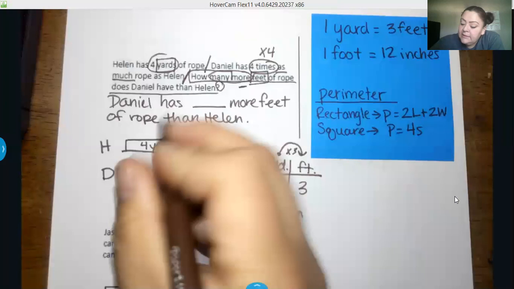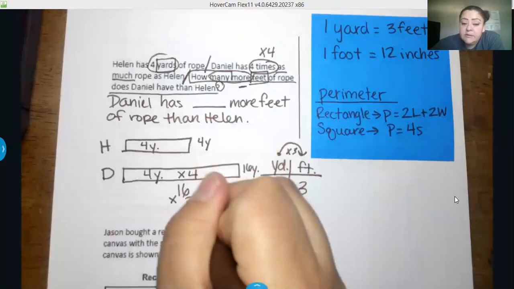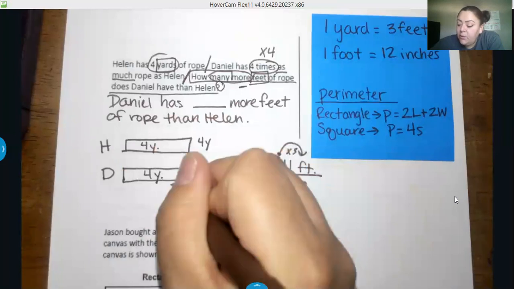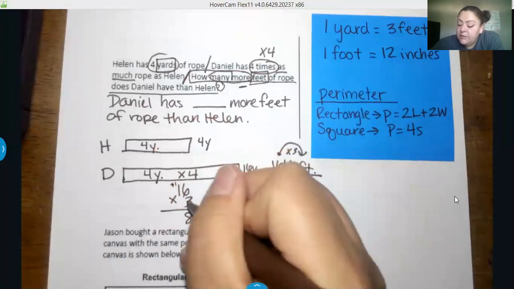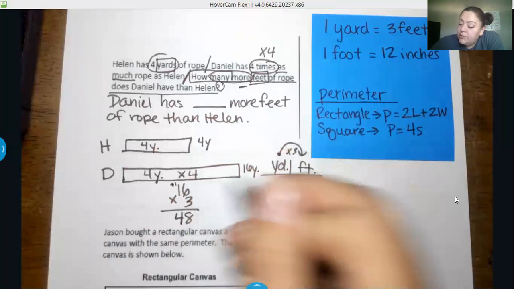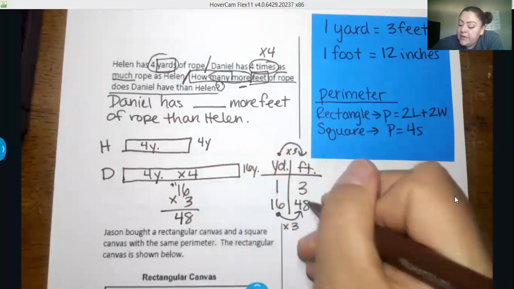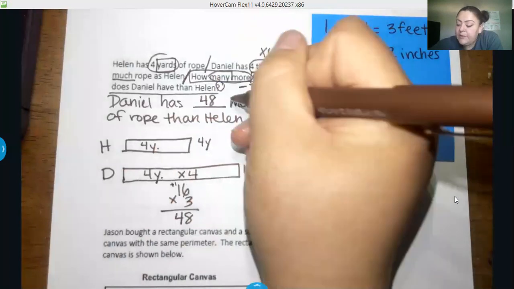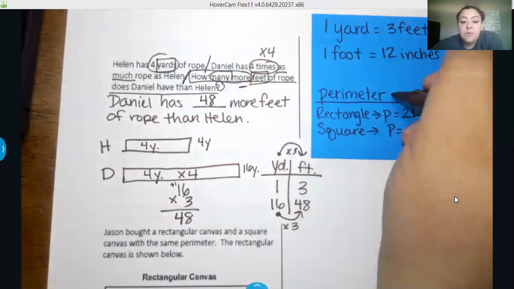So 16 times 3: 6 times 3 is 18, drop my 8, bump my 1. 1 times 3 is 3, plus 1 is 4. So 48 feet. So he has 48 more feet of rope than Helen. Pretty simple and kind of quick when we go through it, guys.